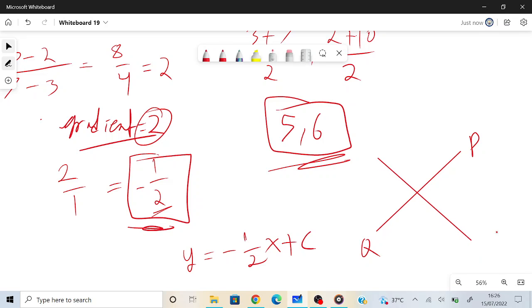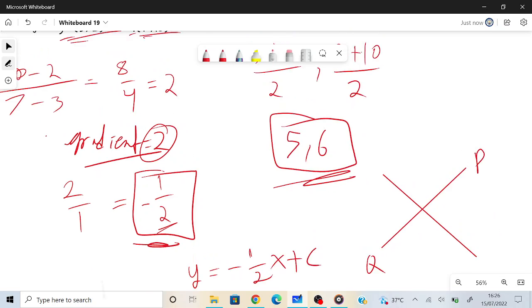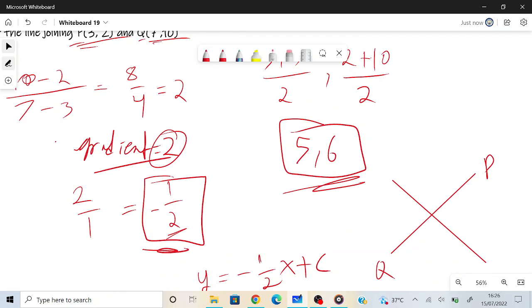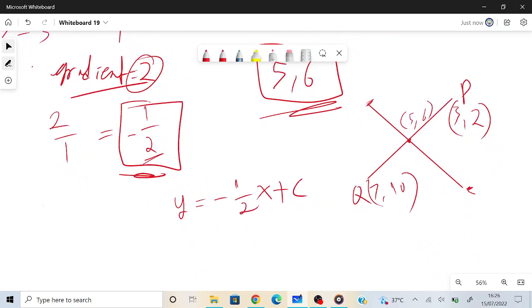The perpendicular bisector goes through the midpoint of P and Q, and that's what we found. If P is 3, 2, just an assumption, and Q is 7, 10, then the midpoint of P and Q, which is somewhere here, is simply 5, 6. And as you can see, the perpendicular, which is this line from here to here, goes through 5, 6.